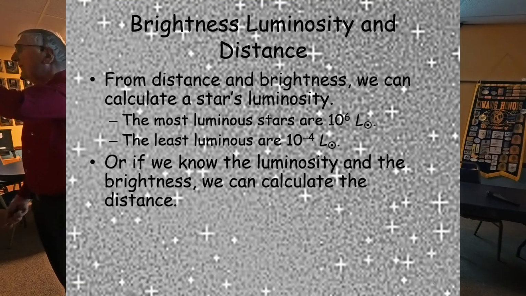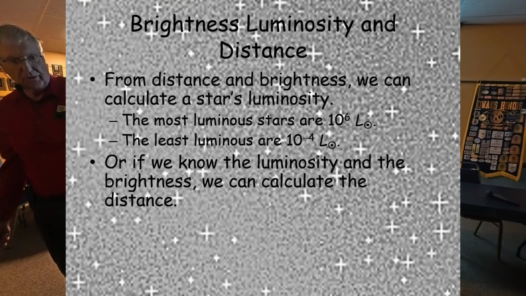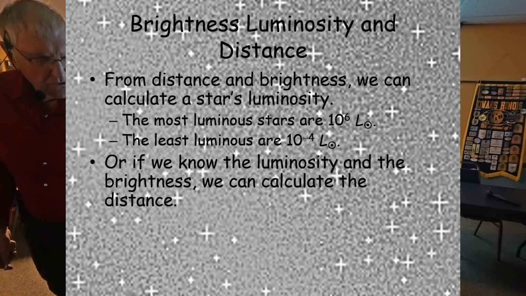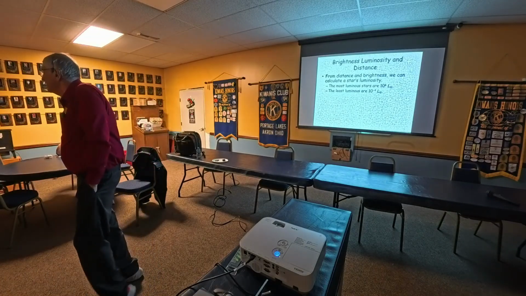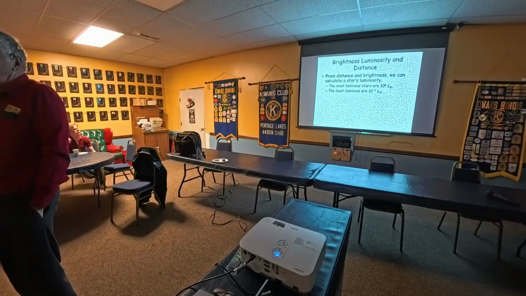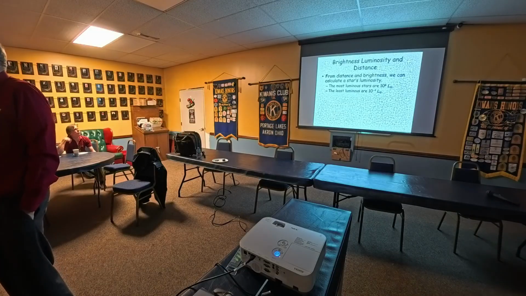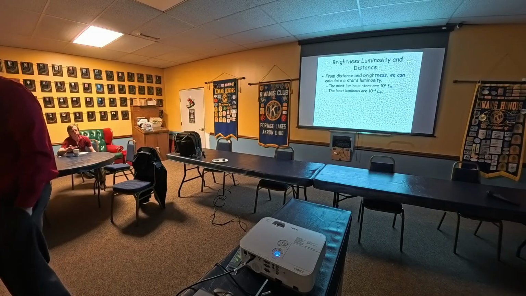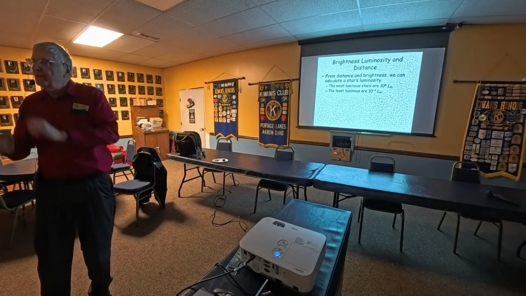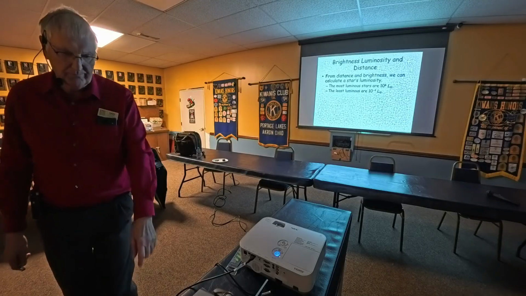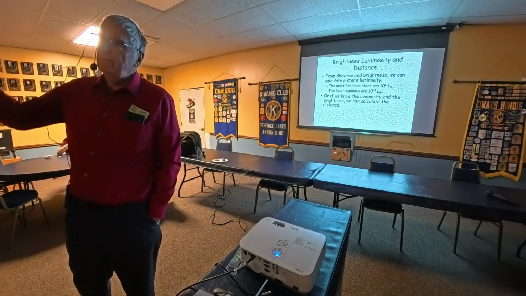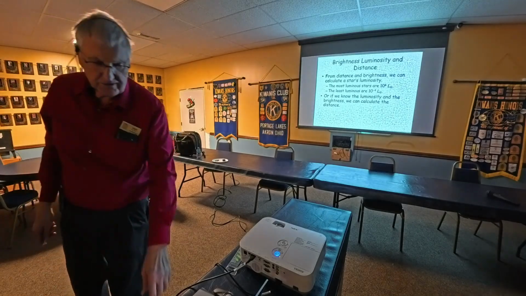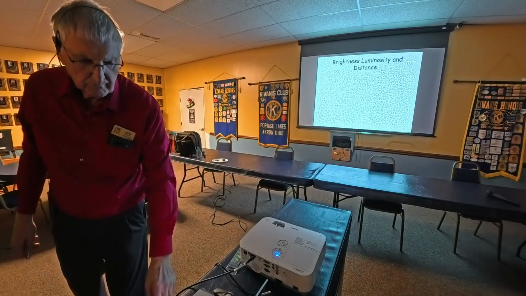If you know two out of the three, you can figure out the third one. The most luminous stars are about 1,000,000 times more luminous than the sun, and the least luminous stars are about 1/10,000th. So the sun is, as you'll see, a average, a little bit below average star. And as I said, if we know the luminosity and the brightness, we can figure out the distance.